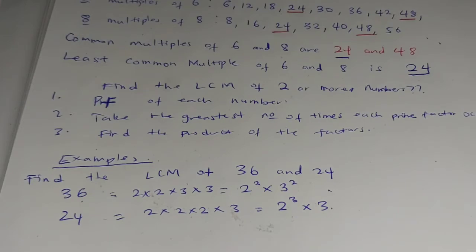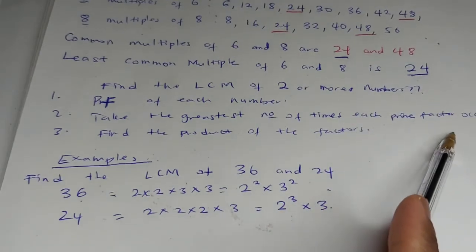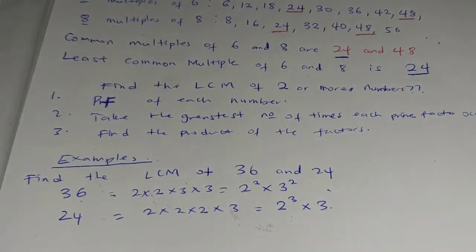Now, the next point says, take the greatest number of times each prime factor occurs in any of the numbers.